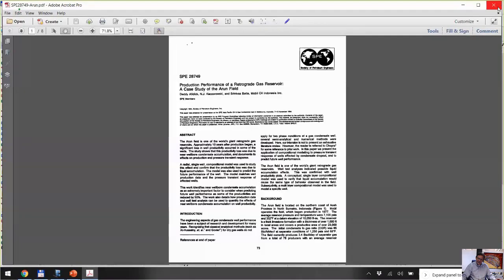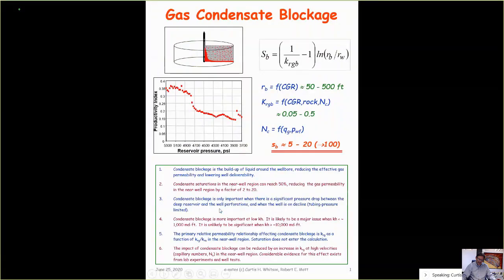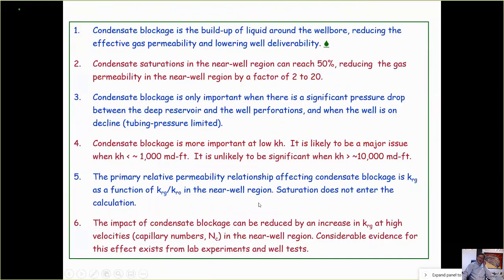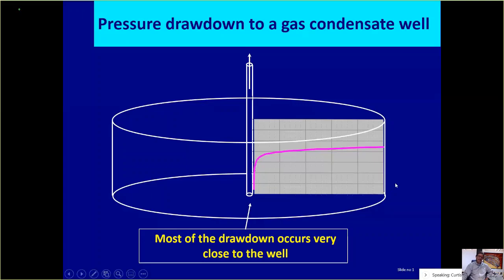Okay. So these things we should have already talked about, hopefully all of them. Condensate blockage is the buildup of liquid around the wellbore, reducing the effective gas permeability and lowering the well deliverability. I don't know what that link there takes us to, but something. Yeah, these are some pictures that Bob put together.